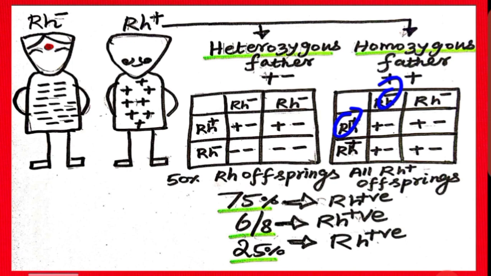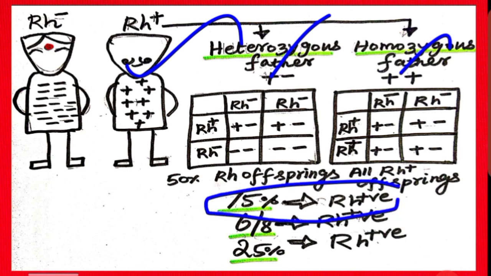If we don't know whether the father is homozygous or heterozygous, we don't know the exact result of the father's blood group. The father may be homozygous or heterozygous. We can consider that there is a 75% chance an RH positive child will be born.